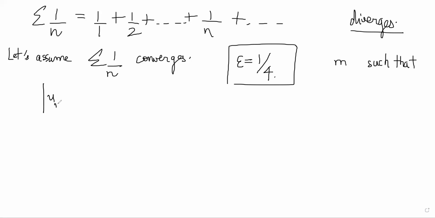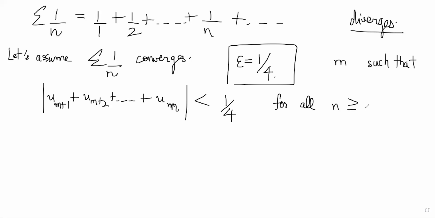mod of 1/(m+1) plus 1/(m+2) and so on till 1/n should be less than 1/4, right? For all n greater than m, if the series converges. This is the criteria, right?